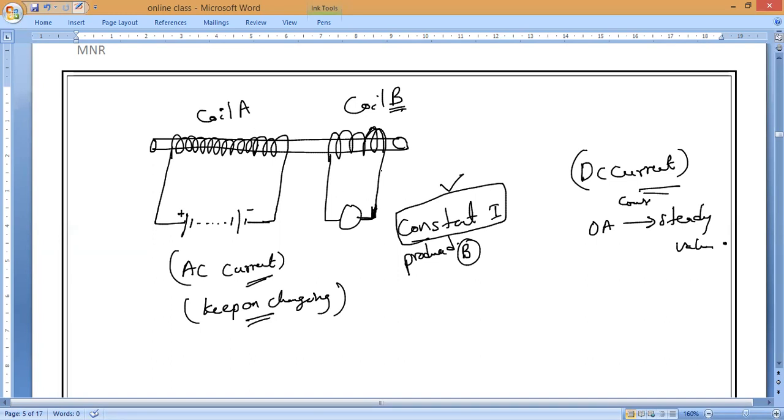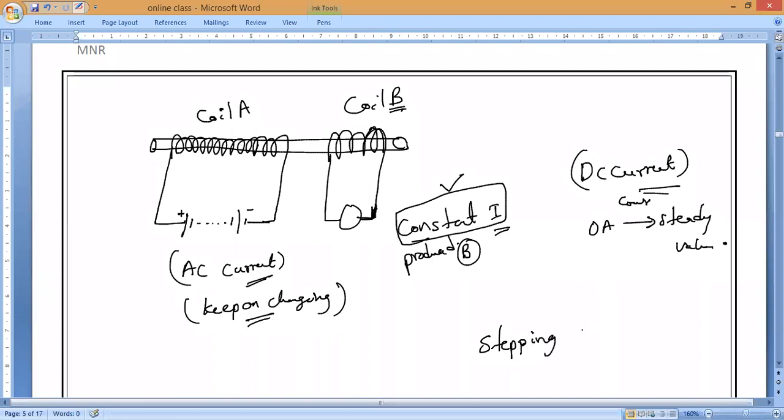So we can say the magnitude of the induced current, the constant current in coil B, depends on the relative number of turns of wire in coil A as well as coil B. And you can see this is the thing which we are using in making transformers, stepping up transformers.